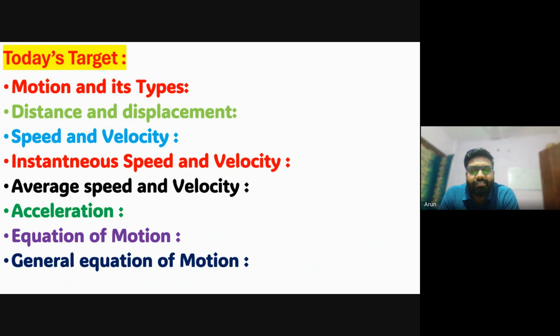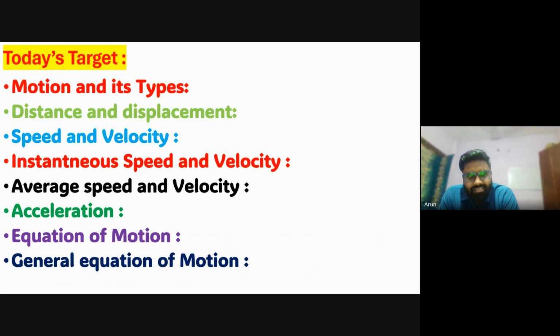That instantaneous term I have mentioned for both speed and velocity. Same for the preceding one, the average speed and velocity. Then we are going to deal with that also. And in average speed and velocity, we are going to see some cases also. Okay, that is very important from the point of view of exam and numerical solving.